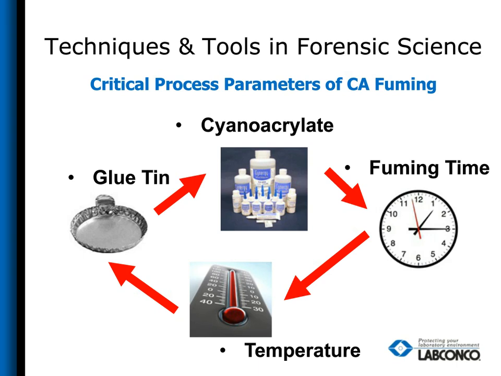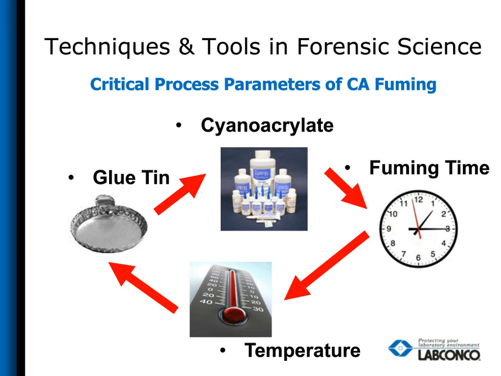This process is a lot more, I'd equate it to manual photography. If you're familiar with manual photography, you understand if you take away some time and make a larger aperture, you'll still have the same picture because it's the same amount of light moving through, just in a different amount of time. With CA fuming, you have the same issues going on.